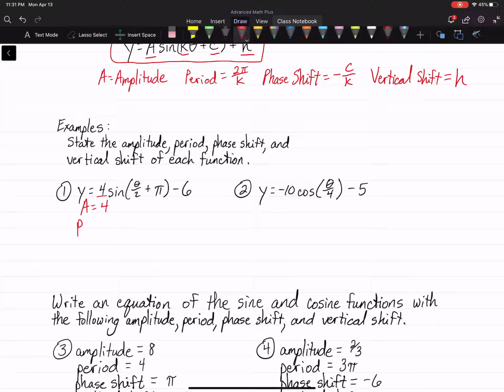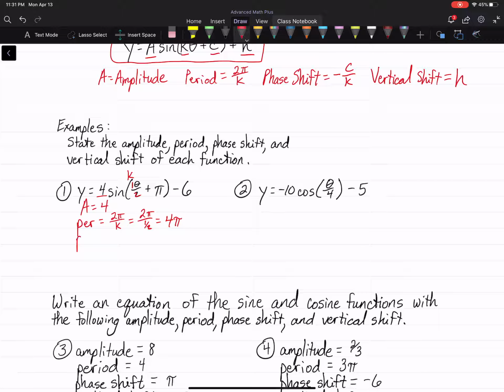Your period, again, is 2 pi over k. Well, k for this problem happens to be 1/2. So you just divide by 1/2, and you flip that over, and you say 2 times 2 pi, you get 4 pi would be your period.